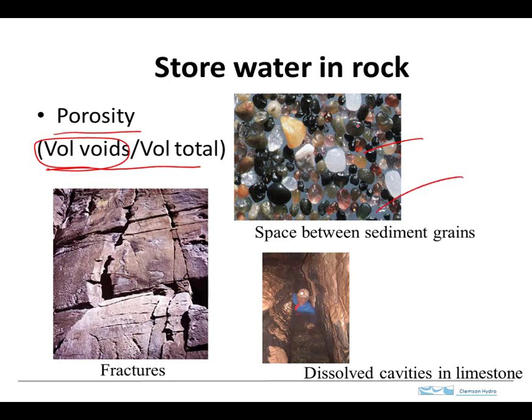In this example, these are fairly idealized, fairly rounded grains of sand. But porosity can also have different shapes. Here's some fractures in this rock, and these would be voids that would also constitute this volume when we're taking that ratio. And we might also enlarge the pores.